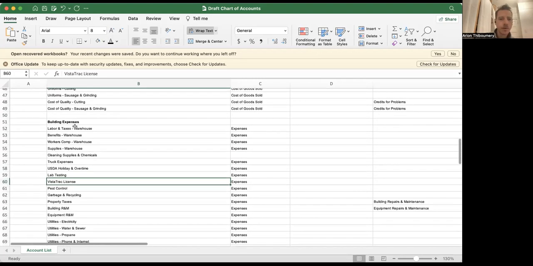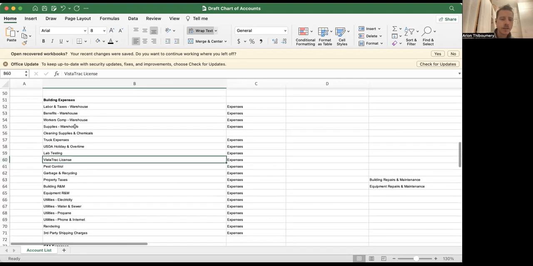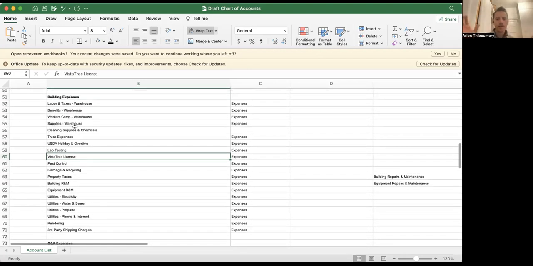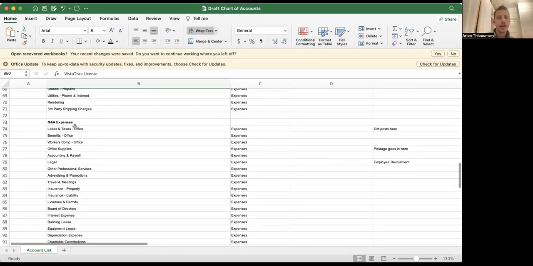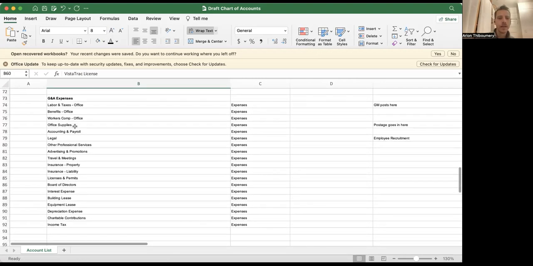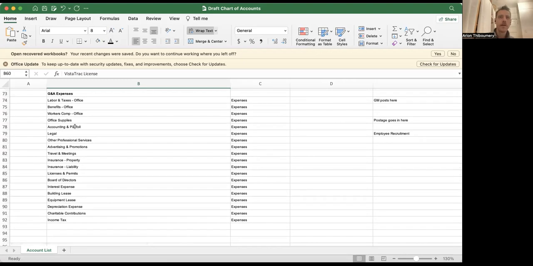I do like to have two categories of expenses, the sort of building expenses, which are part of the whole facility, and then the G&A, which are essentially the company expenses. I think of it as one is directly related to the building and the other is related to the corporate entity. That's a logical way that works for me.